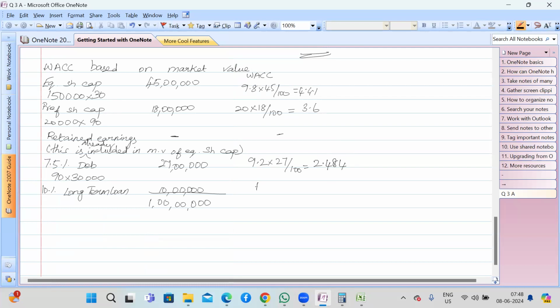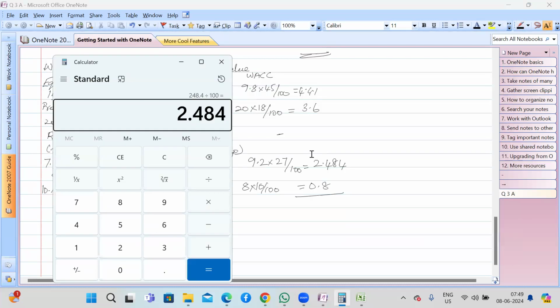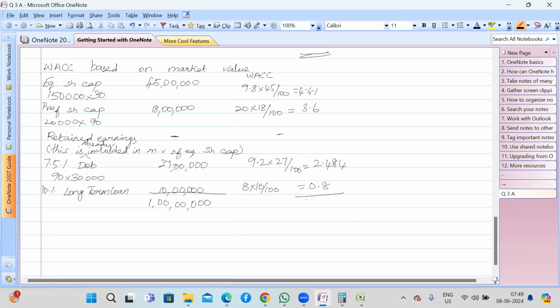Then for the long-term loan we have calculated 8%, that is 8 into 10 divided by 100, so 0.8. Totaling everything: 2.484 plus 0.8 plus 3.6 plus 4.41 is 11.294%.